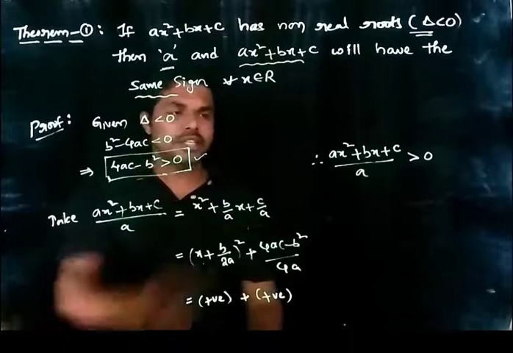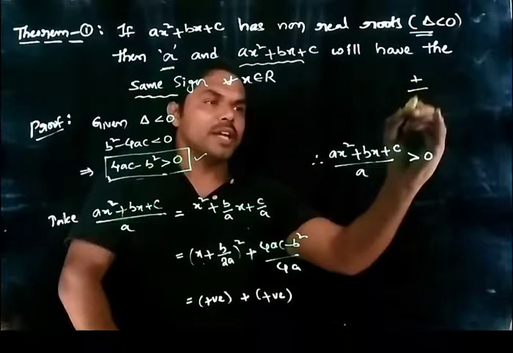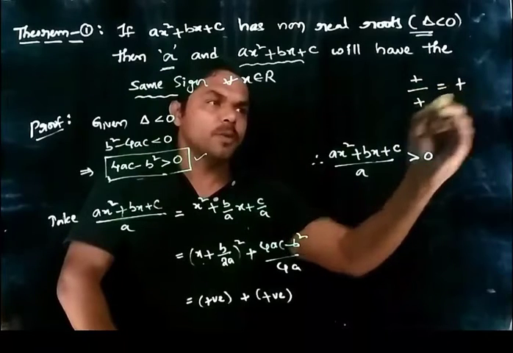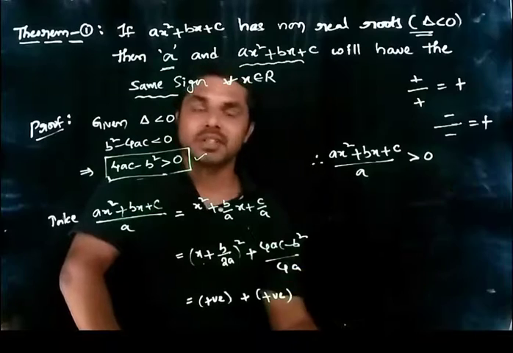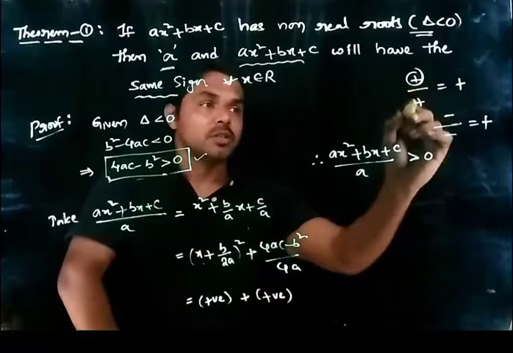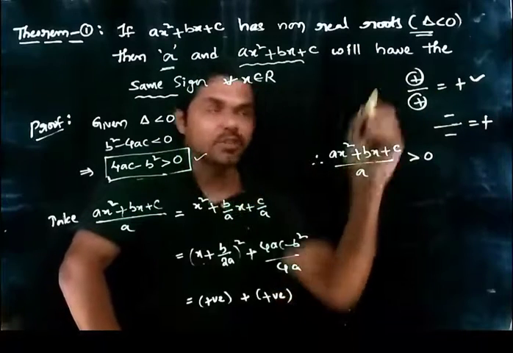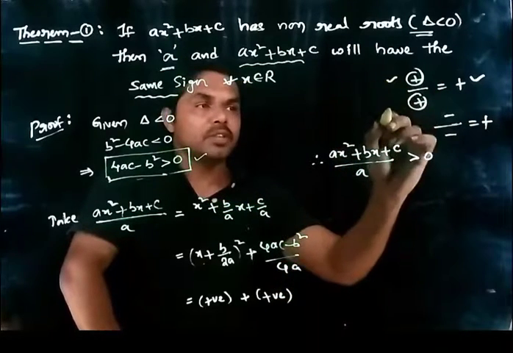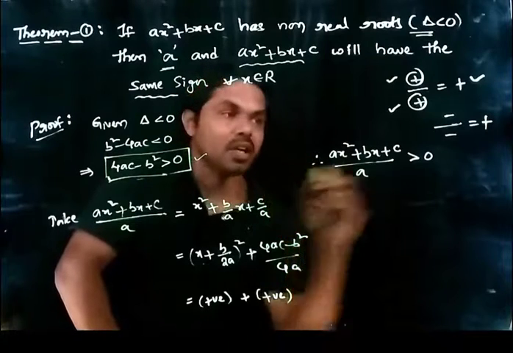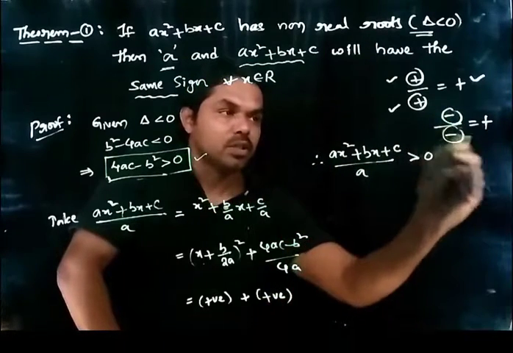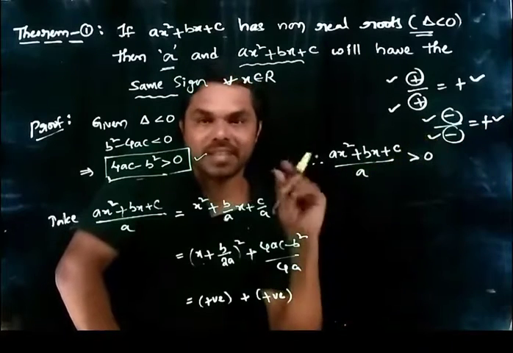It is a rational fraction. A positive value by a positive is positive, or a negative value by a negative is also positive. That means to get a positive answer in a fraction, the numerator and denominator should have the same sign.